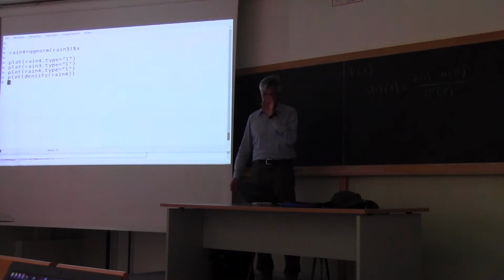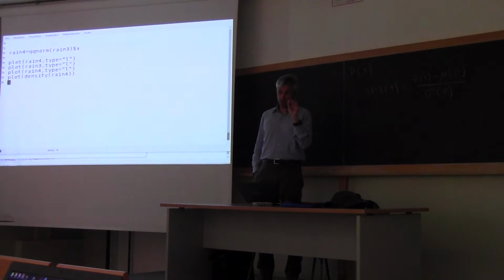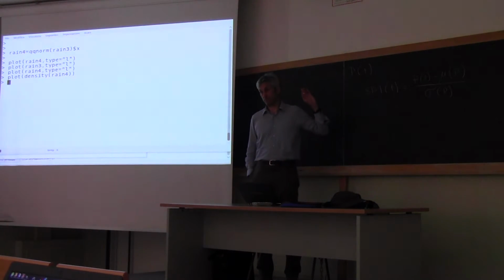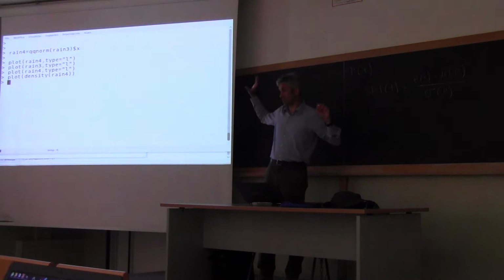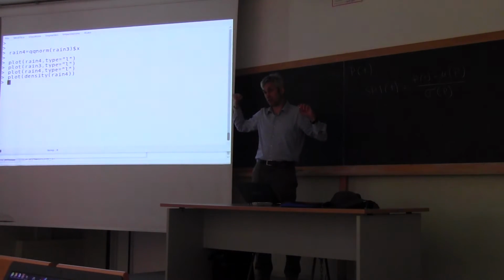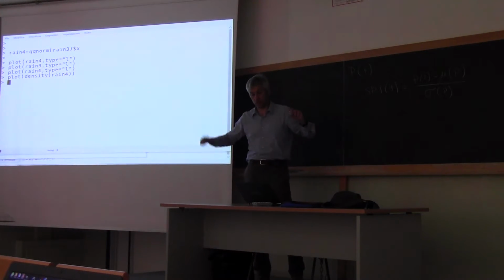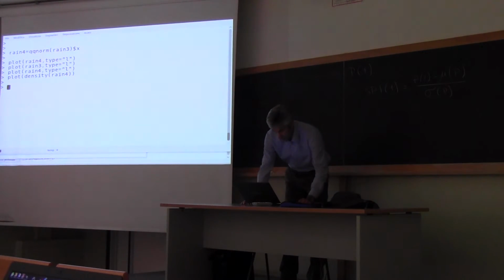But in this case, we don't need to do this. Why is that? Because the transformation that we just applied, by definition, brings the data to zero average and unit standard deviation. Let's check it. If you compute the average of range 4, it's 0.